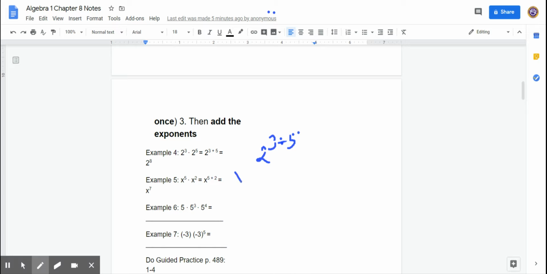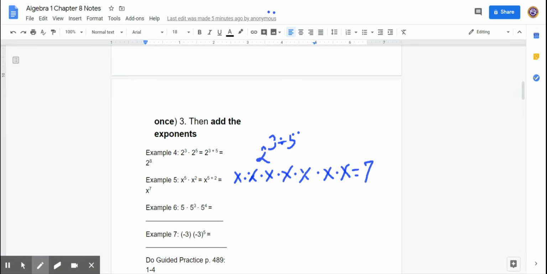What does that mean? X to the 5th means x times x times x times x times x. 5 x's. Then it's being multiplied by x squared. So that means 2 x's. Well, now, how many x's do you have? 1, 2, 3, 4, 5, 6, 7.